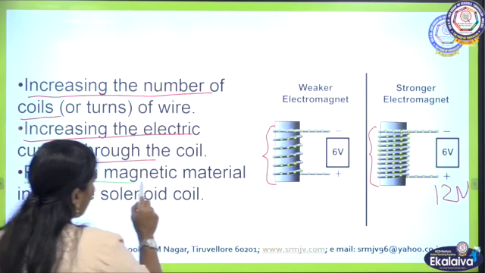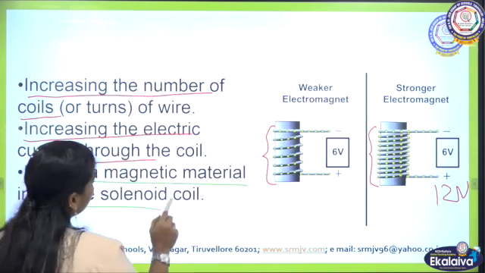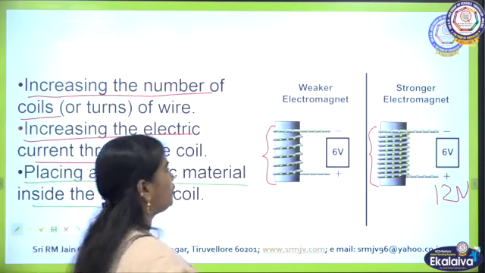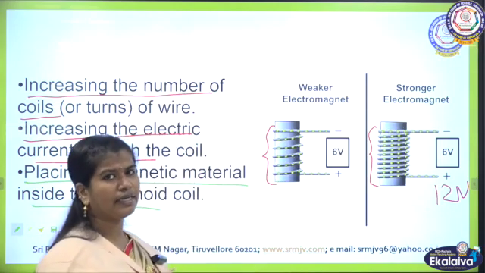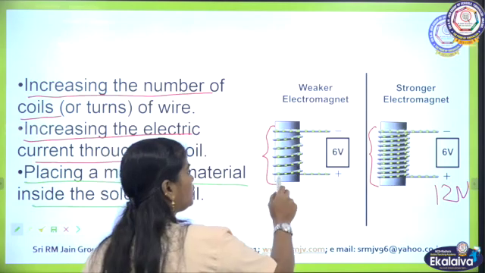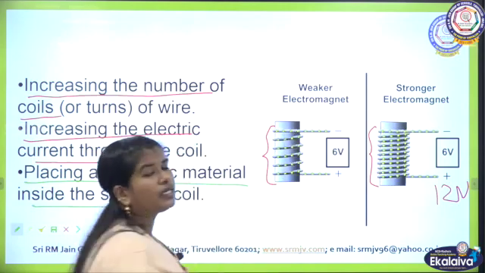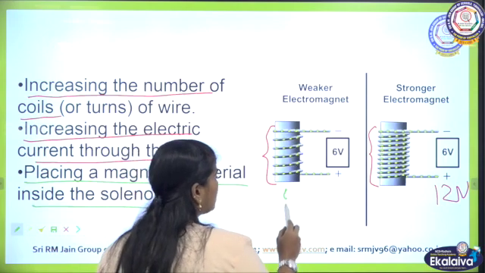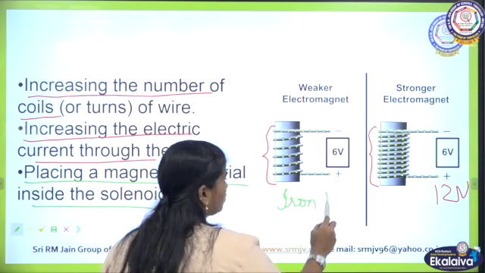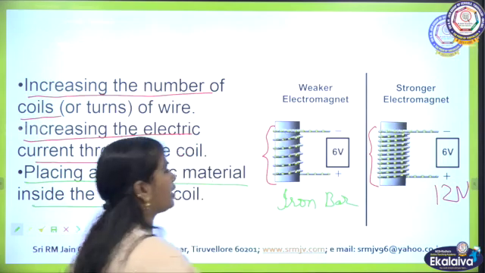placing a magnetic material inside the solenoid. You can see a coil has been wound around a non-conducting material, that is an insulator. Suppose I substitute this non-conducting insulator with an iron bar, for example, because an iron bar is a magnetic material.